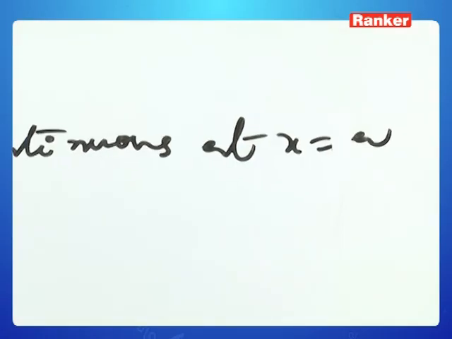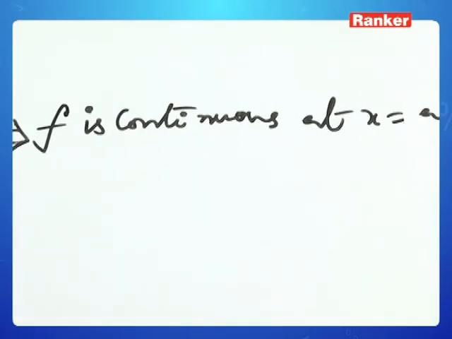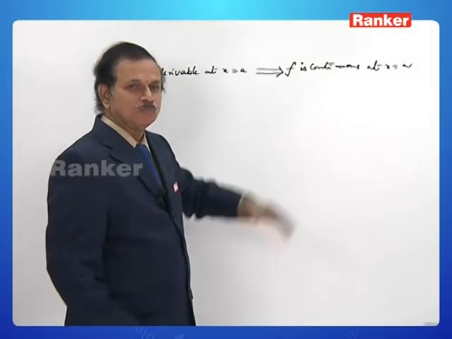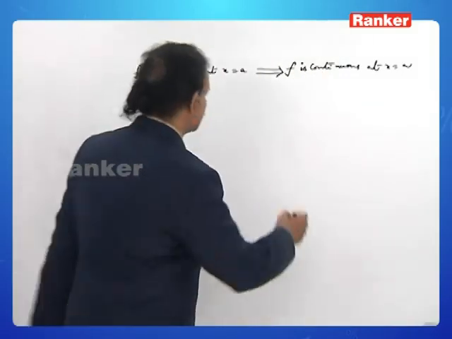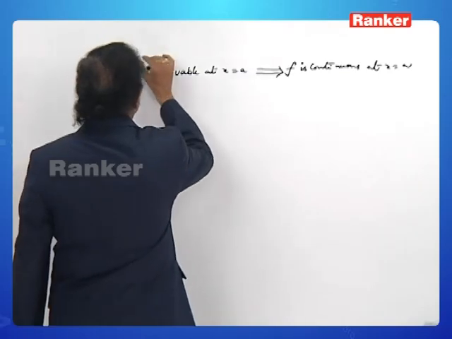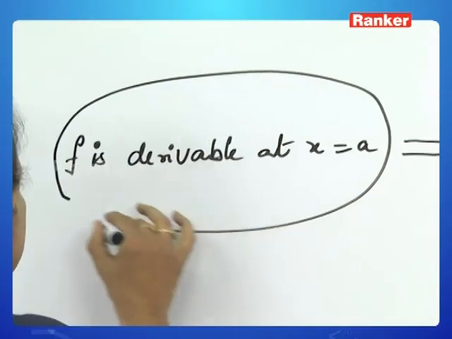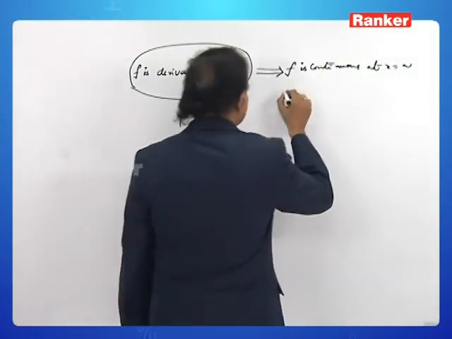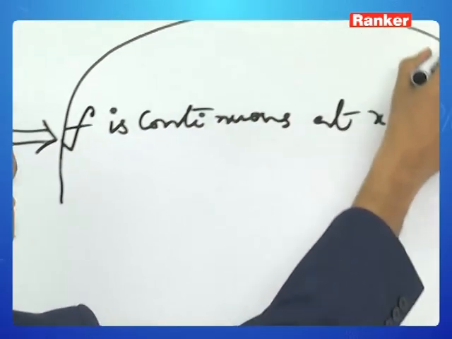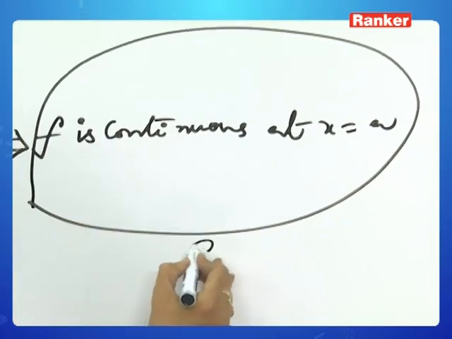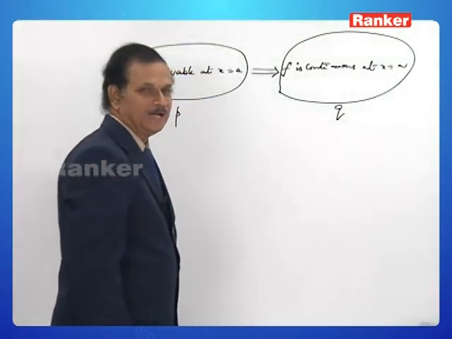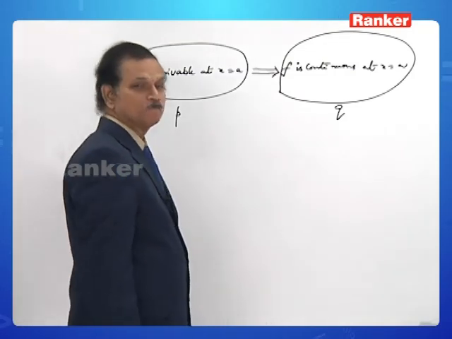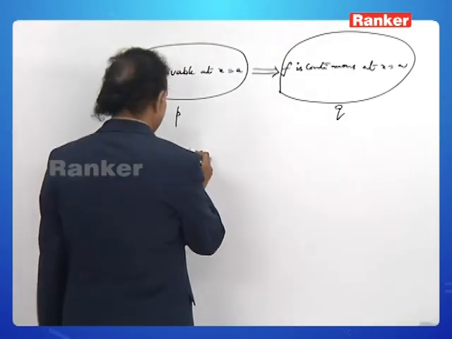You're not understanding? You call this statement some P, that Q. P implies Q. We have at our disposal. I call this entire thing some statement small p. Let me represent this entire thing by small q. What are you having before us? P implies Q. What is its contrapositive?